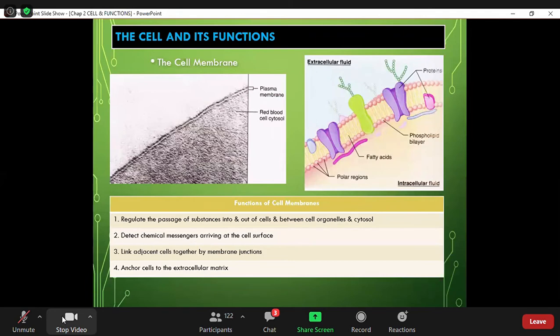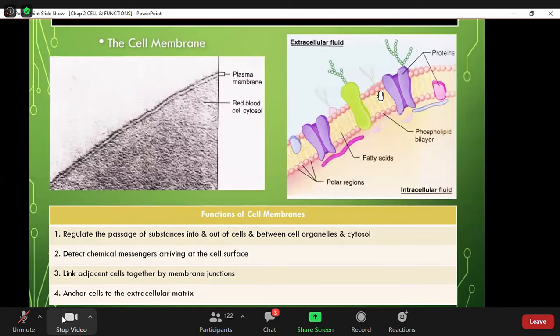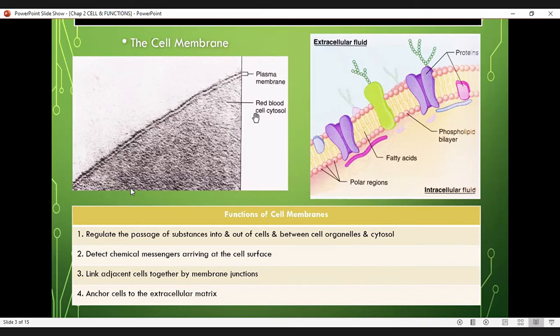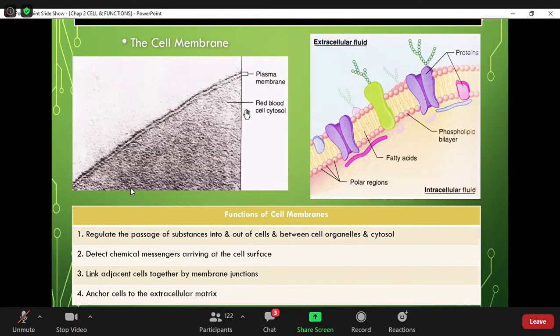This is the cell membrane. This cell membrane is the plasma membrane of the red blood cell. The red blood cells don't have a nucleus anymore.